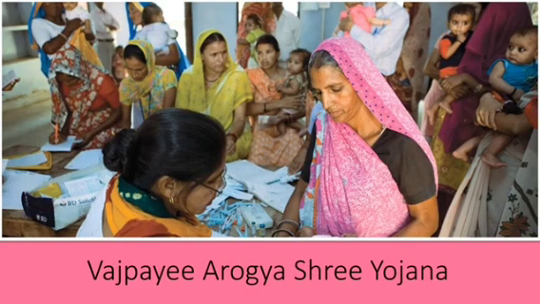So a BPL, or below poverty line, scheme was created, and a BPL card was created which acts like an insurance. If they are sick, they can use the BPL cards and they can be treated for free in government hospitals. This has helped many villagers to overcome their sickness. Which is the scheme, children? Vajpayee Arogya Shri Yojana.